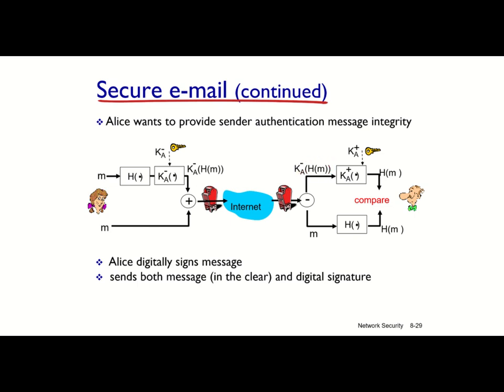So if the result of comparison shows that both hash messages are equal, then Bob can prove that we have message integrity and authentication in this connection.